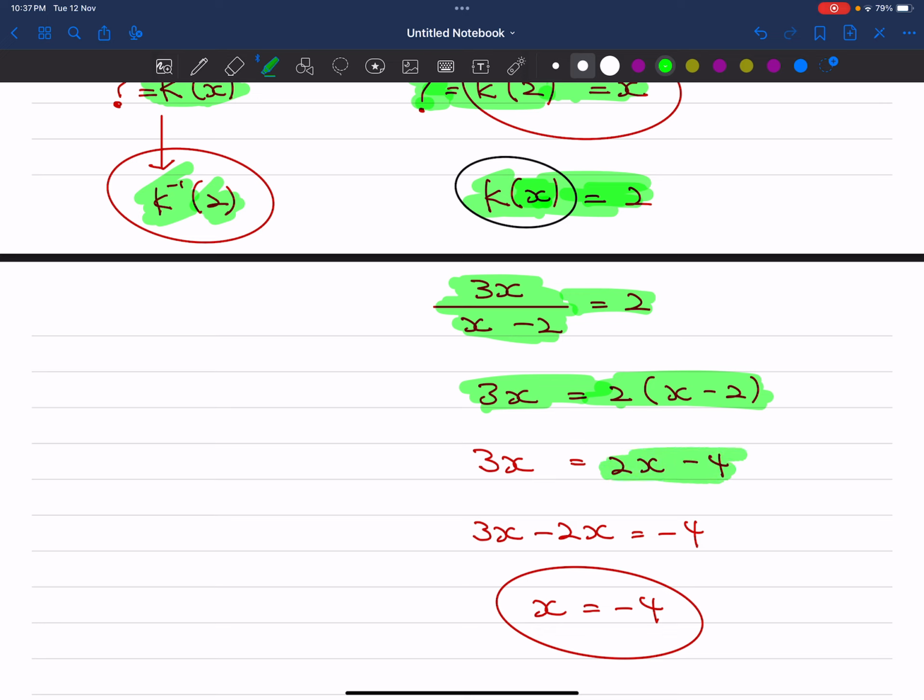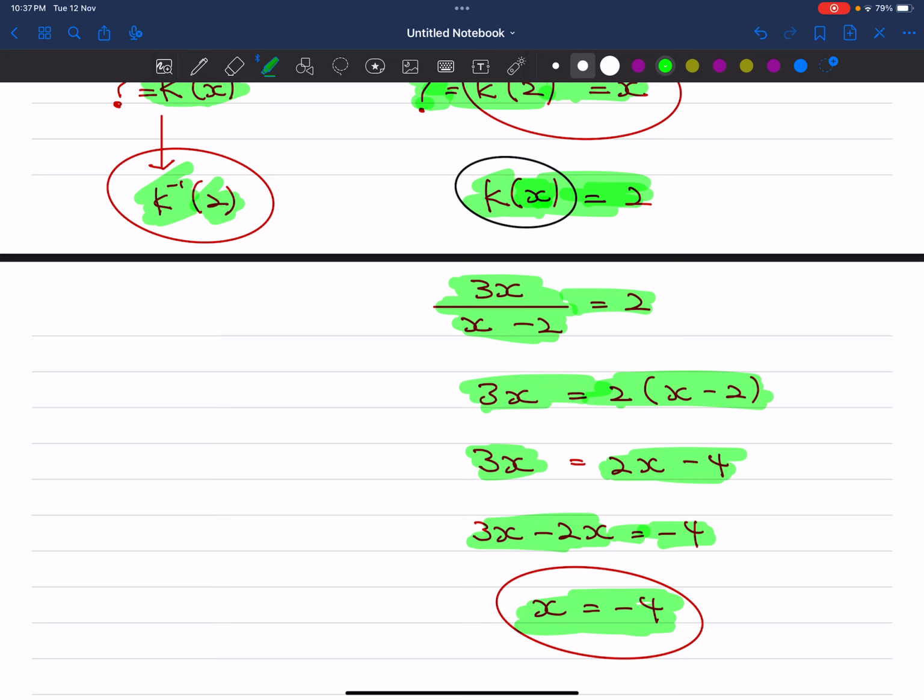Left hand side, just copy back. I transfer the 2x to the left, it becomes negative 2x. That's 3x minus 2x equals negative 4, which is from the right hand side. And of course, 3x minus 2x is x, so x equals negative 4.